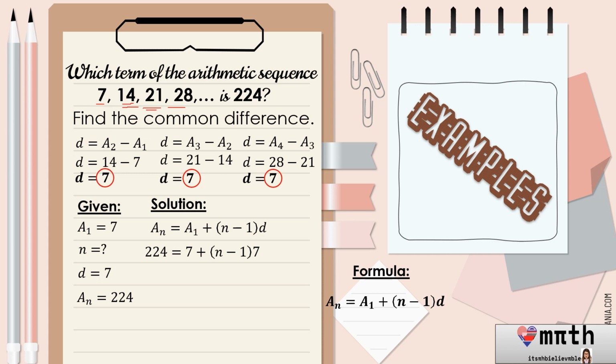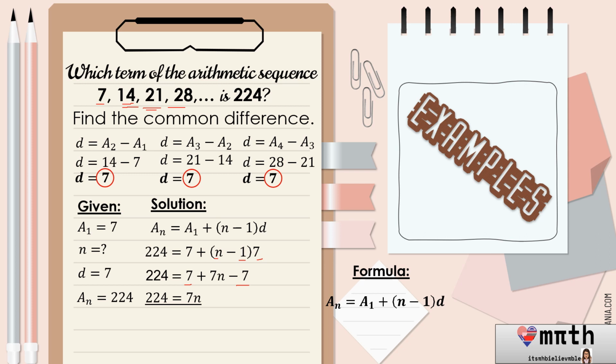As you notice, we're looking for the value of n, so we cannot simplify n minus 1. Therefore, we can just simply distribute 7 to n minus 1. So, that will be 7n minus 7, since 7 times n is 7n, and 7 times negative 1 is negative 7. Then, we can simplify here. 7 minus 7 is equal to 0, leaving behind 7n.